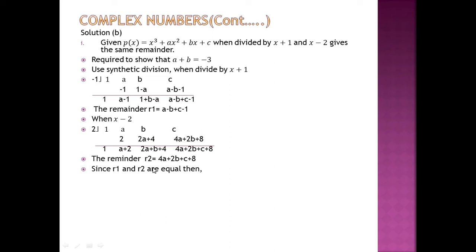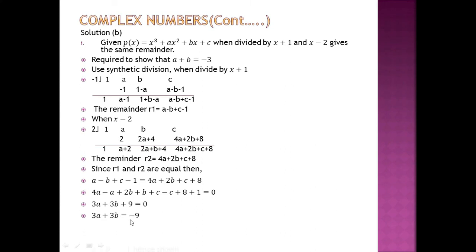Since r1 and r2 are equal, then a minus b plus c minus 1 is equal to this much. And then we collect the like terms, and then we have this much, and then at the end a plus b is equal to negative 1, which is, no, not negative 1 here.